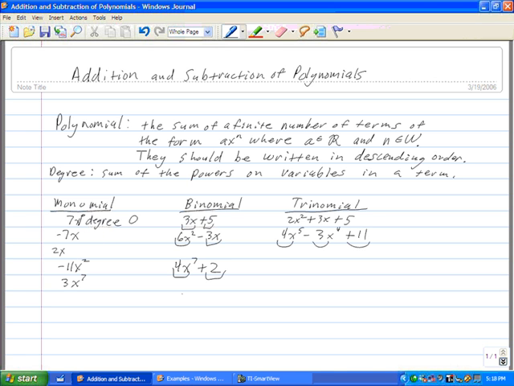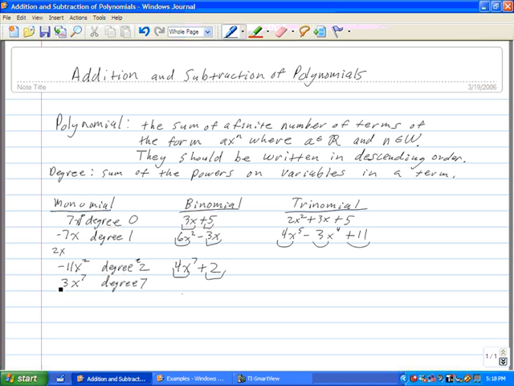This next monomial was degree 1 because this x is the first power. Down here we see a degree 2 because the highest power here is second power.